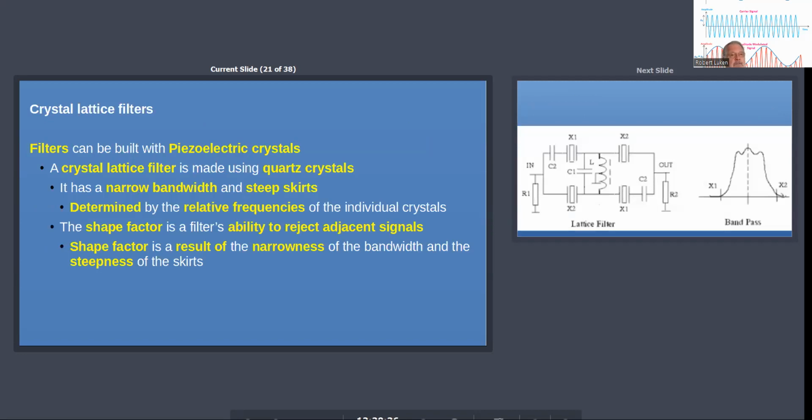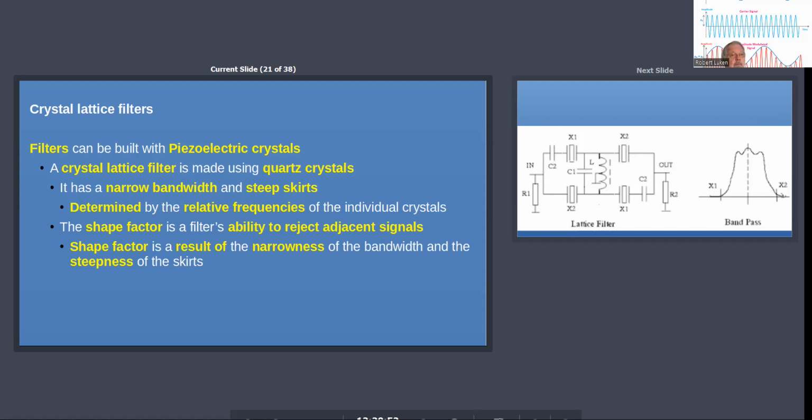Okay, crystal filters. Sometimes they call them crystal lattice. Sometimes they refer to it as a crystal ladder. As far as I can tell, it is one and the same. There's no real difference.